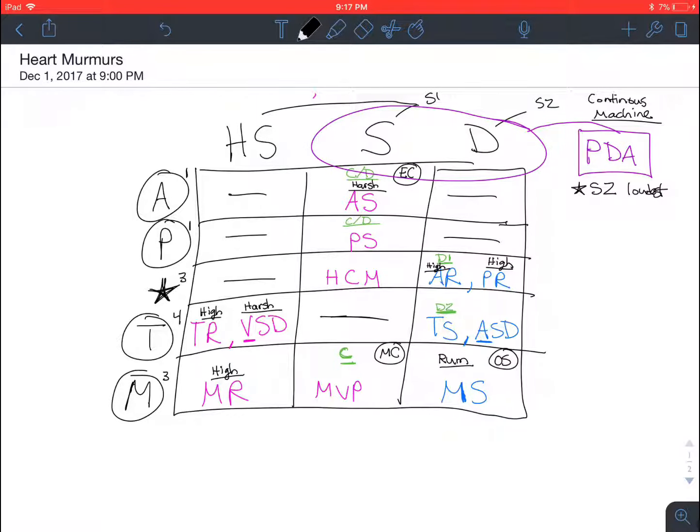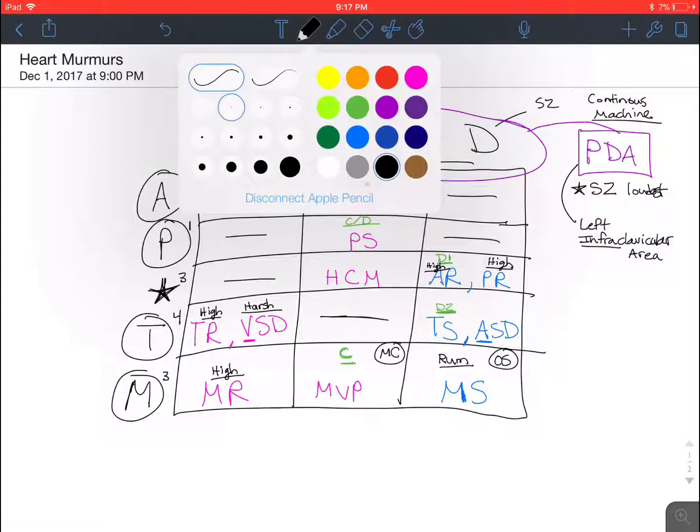During S2, excuse me. And that will be at the left infraclavicular area. So PDA, definitely know that one.